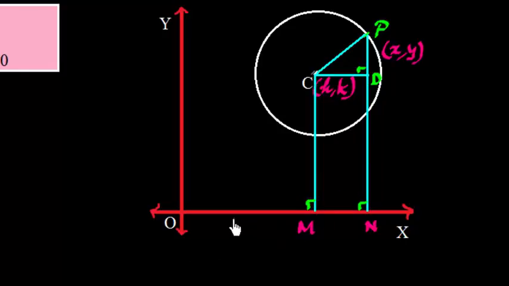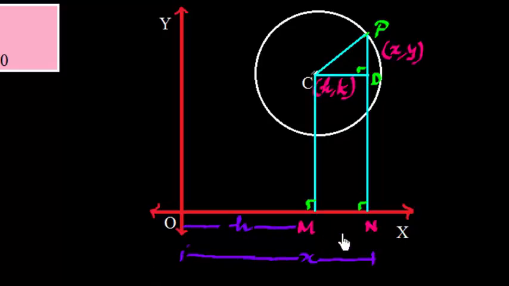Now I explain. The coordinates of point P are x and y. So ON would be x, and I write it down here. The coordinates of the center of this circle, point C, are h, k. So OM is h.